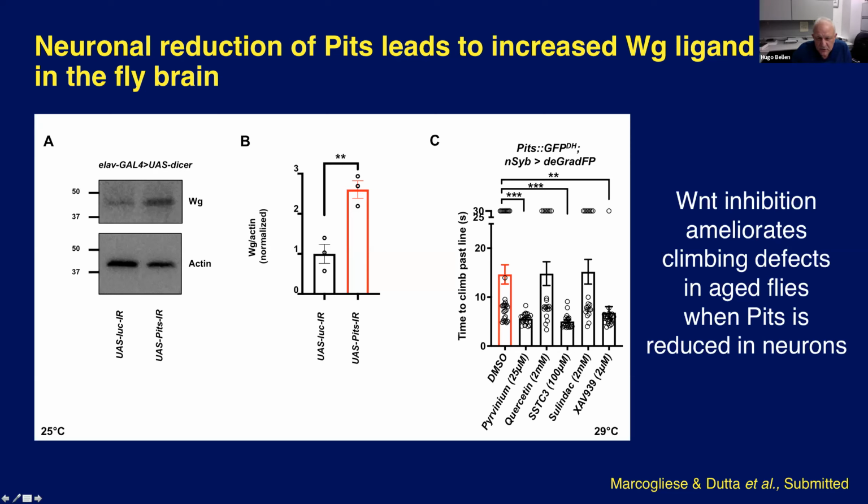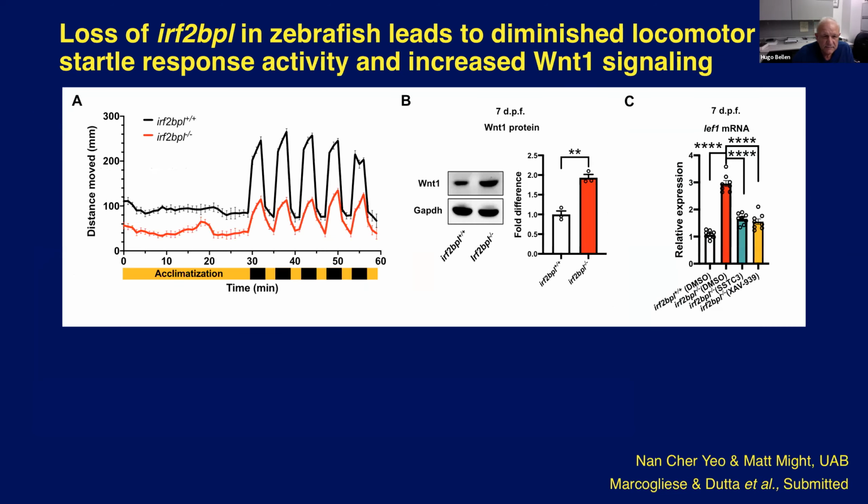This clearly argued that there is an upregulation of wingless signaling, and this upregulation is really detrimental to the nervous system. Now, we know very little about Wnt signaling in the adult nervous system, but this clearly suggests that upregulation of Wnt signaling in the adult nervous system is toxic, and suppressing that is beneficial.